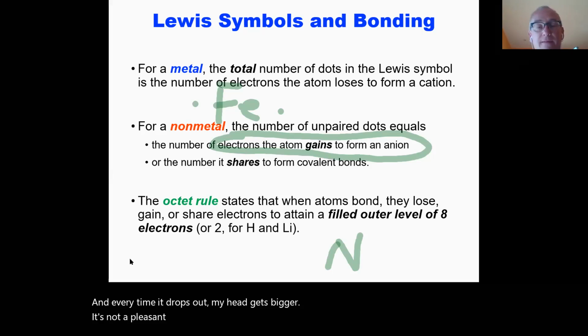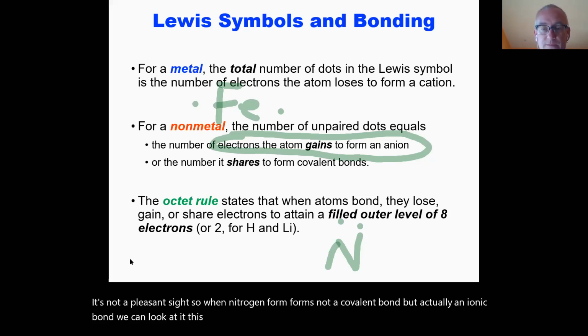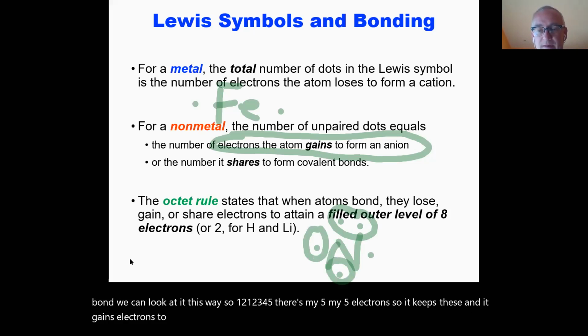So when nitrogen forms not a covalent bond, but actually an ionic bond, we can look at it this way. So 1, 2, 3, 4, 5. There's my five electrons. So it keeps these, and it gains electrons to here, here, and here.